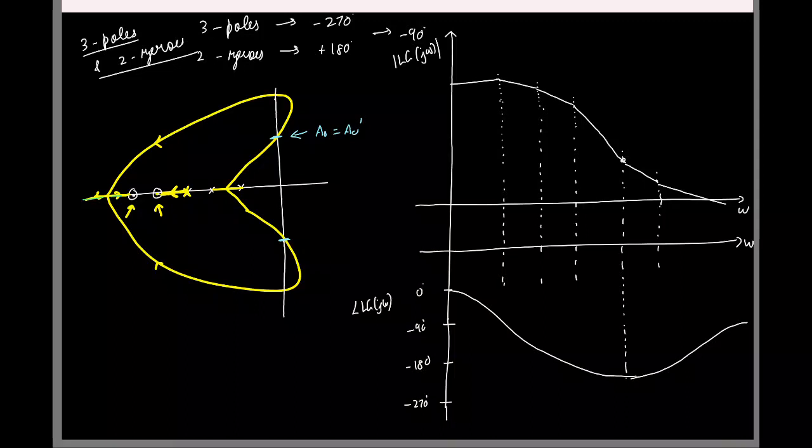At this point the closed loop poles are lying on the imaginary axis, right? Remember, the closed loop poles are the roots of this equation, and for a particular value of A0, which I am calling A0 prime, we have complex conjugate poles. So even if I put s equal to j omega, I'll be able to make it go to 0, because I know for some complex numbers this is happening.